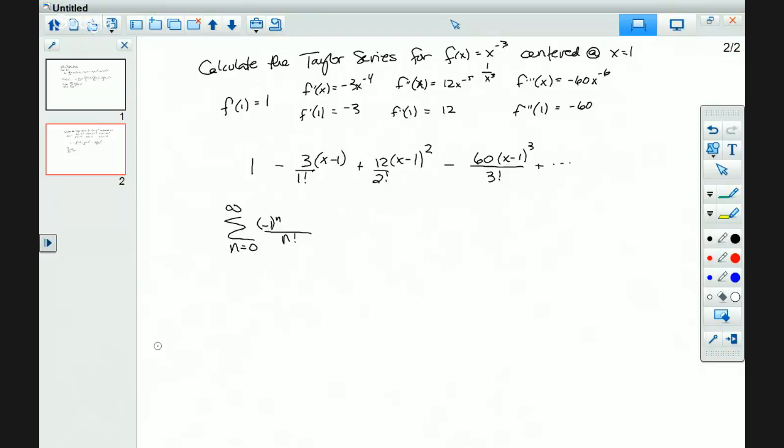And how do I generate x minus 1 to the n? All I need to generate is this number here. Times 3, times 4, times 5. So, third term.